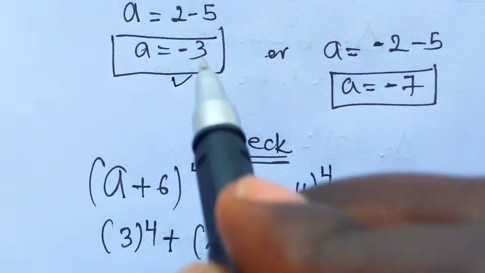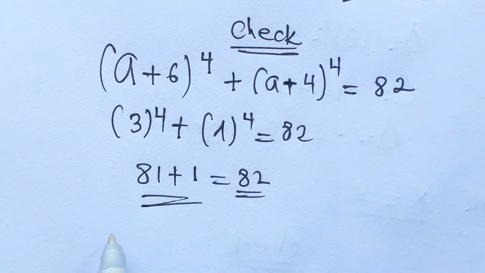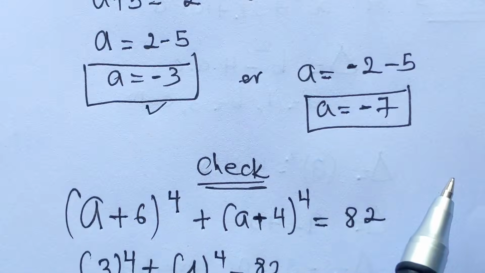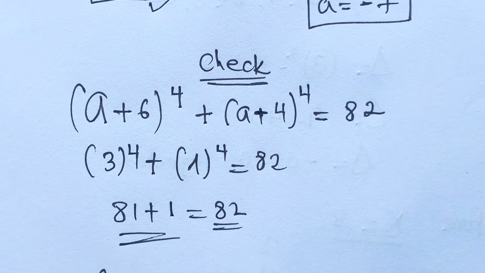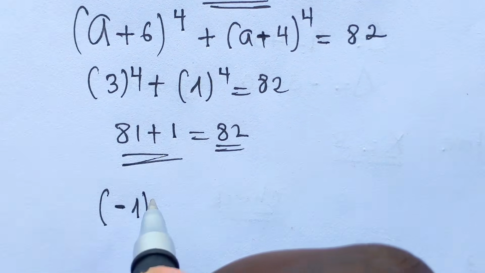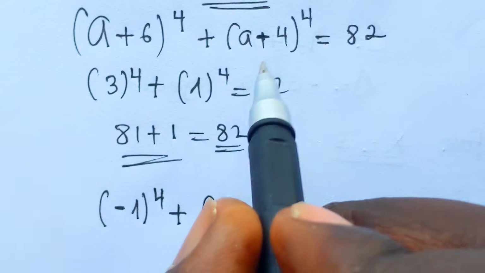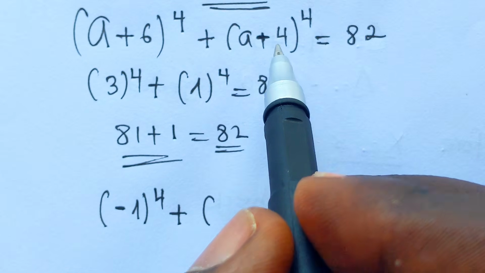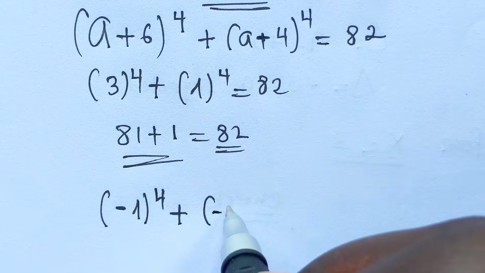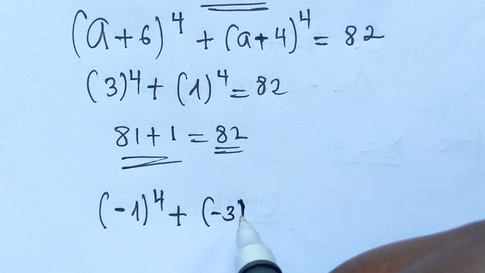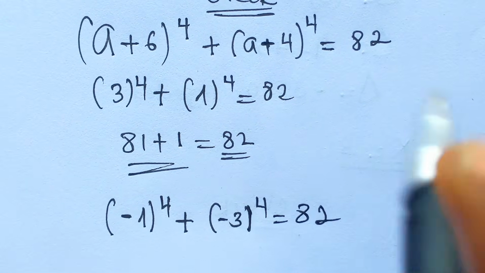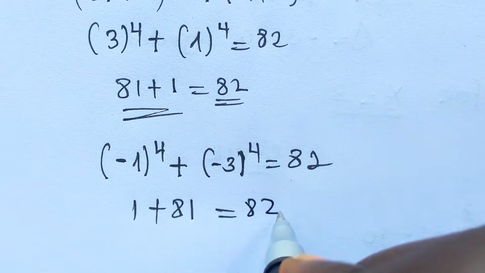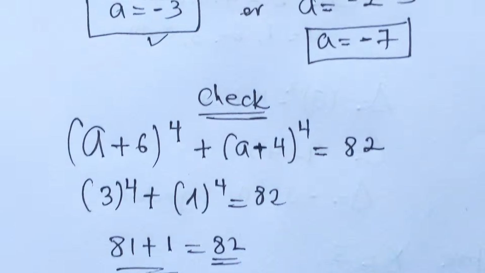This is correct. And if you replace a with negative 7: negative 7 plus 6 is negative 1, power 4, plus negative 7 plus 4 is negative 3, power 4, which is 1 plus 81, equal to 82.